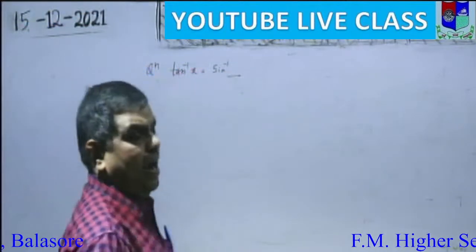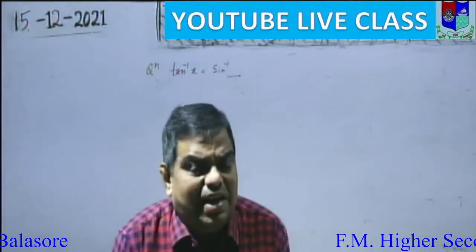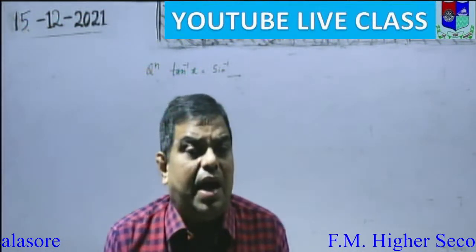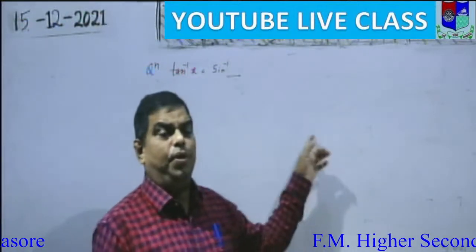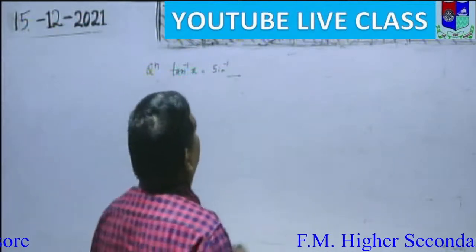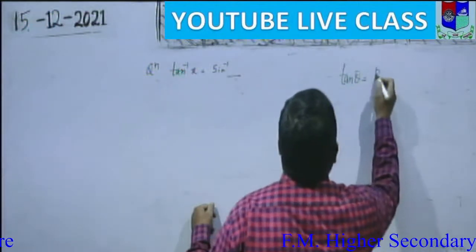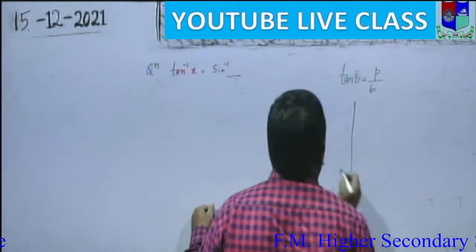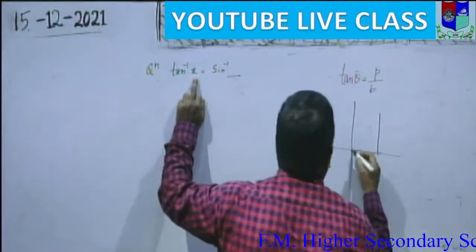In a right angle triangle with three sides P, B and H, in trigonometry sin is P by H, cos is B by H and tan theta is P by B. This is your right angle triangle. This is your x.